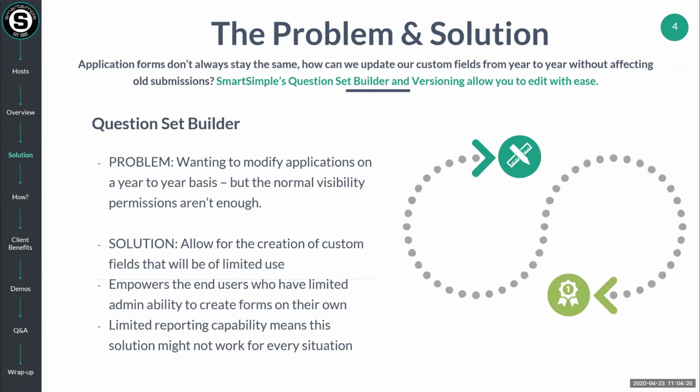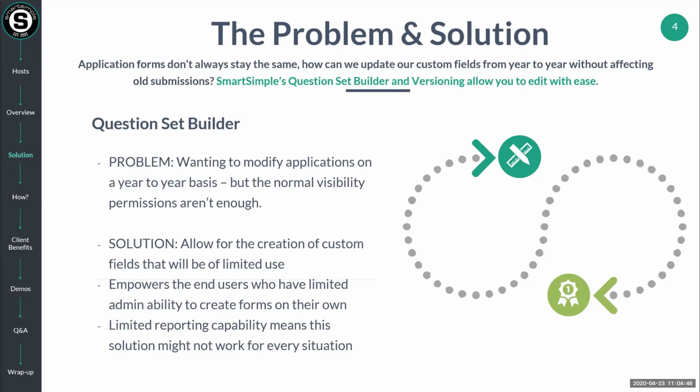So if we were going to create these questions on an award level, then the only fields that we're going to be using this question set field are going to be the applications that are submitted under that particular award. So it has its benefits and it has its limitations.